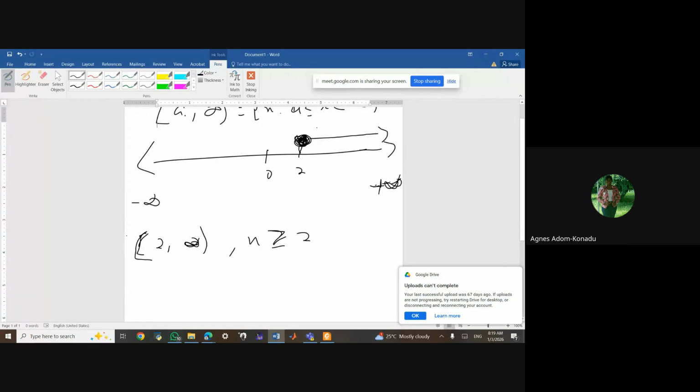So this symbol, A closed to infinity, or closed right interval, is represented like this.